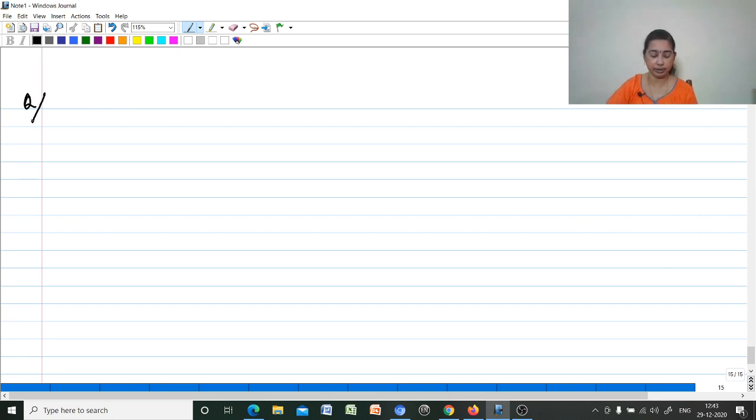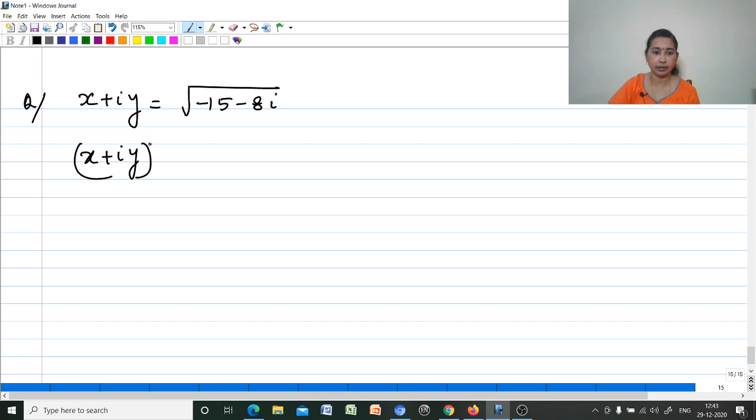Another question, to find the square root of minus 15 minus 8i. So let x plus iy be the square root of minus 15 minus 8i. Squaring, x plus iy whole square is equal to minus 15 minus 8i.